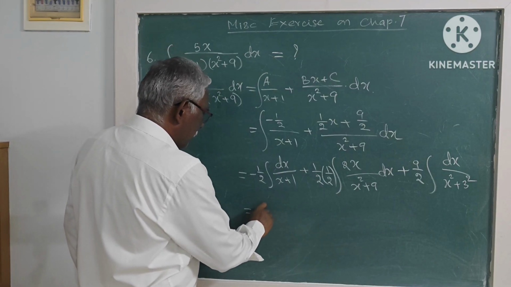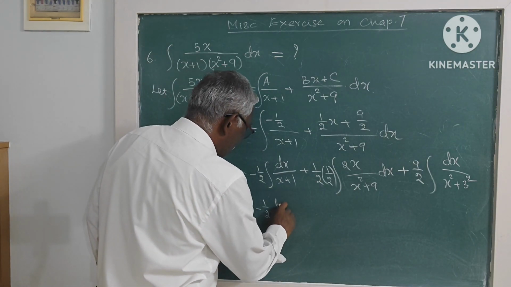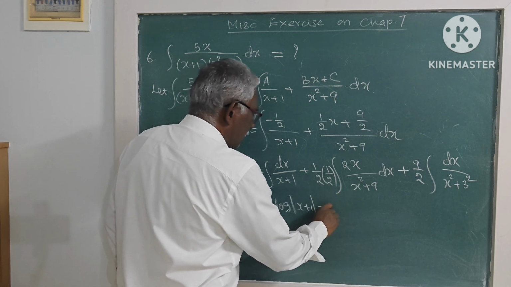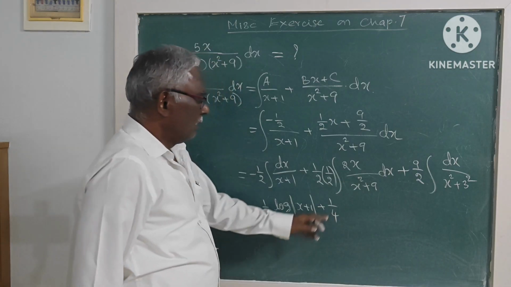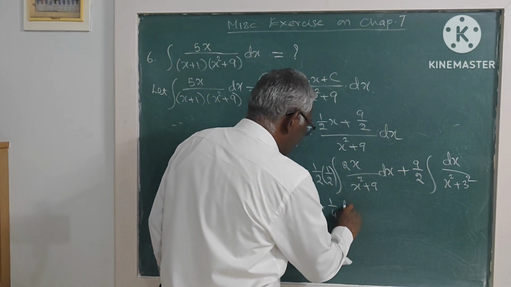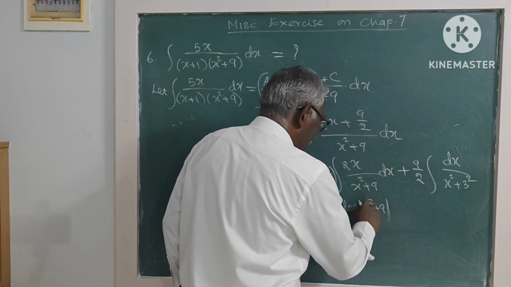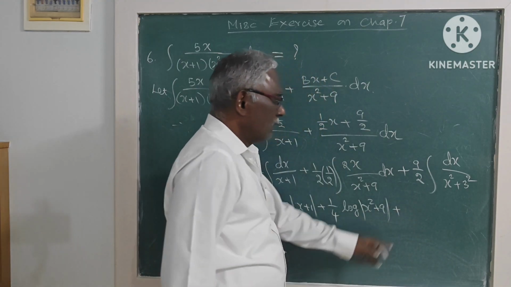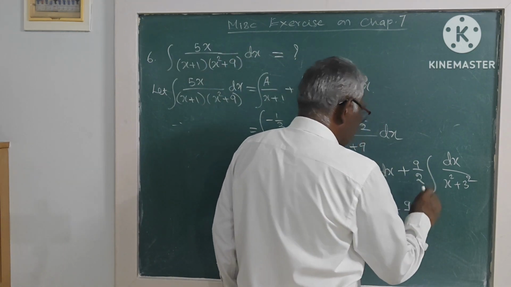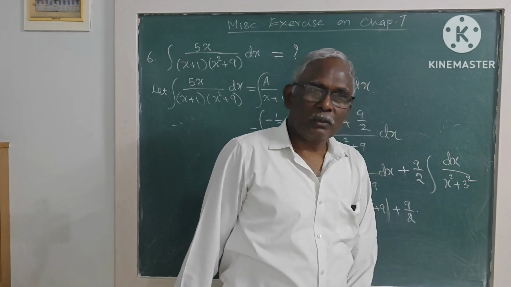Now minus 1 by 2 times log of x plus 1. This is 1 by 4 times, if we differentiate this, we are getting 2x, log of x square plus 9, plus 9 by 2 times. This is in the form of integral dx by x square plus a square.